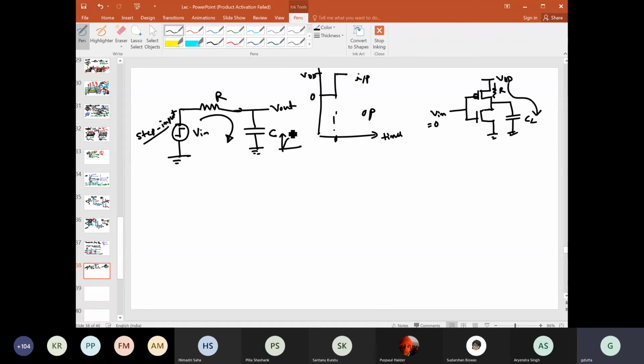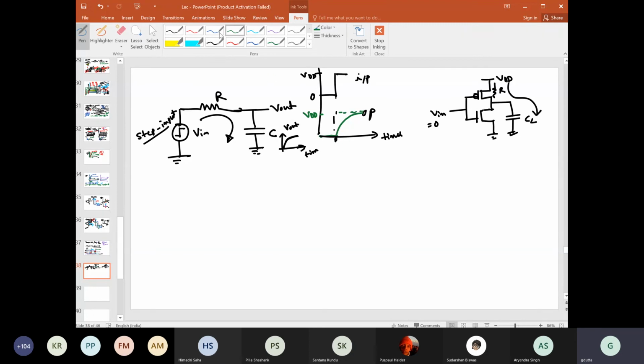The capacitor voltage will build gradually with time, isn't it? The voltage across the capacitor is nothing but the output voltage here, so the output voltage will change something like this, and finally it will reach VDD only, right?